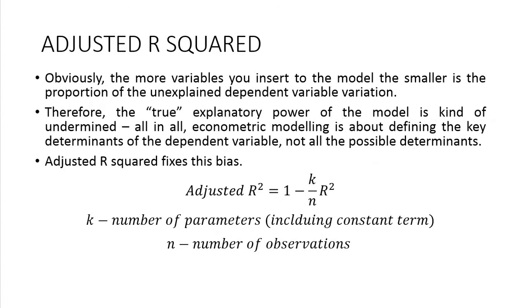And finally, another thing to discuss in this video, the final one, is related to adjusted R-squared. So I think it's pretty intuitive that if you add more variables, which can potentially explain the variation in the dependent variable, then the value of R-squared should be higher and higher.